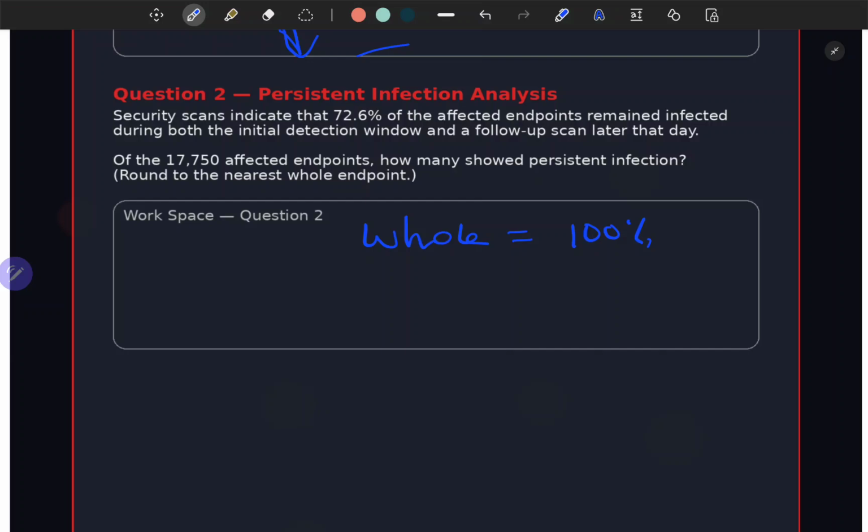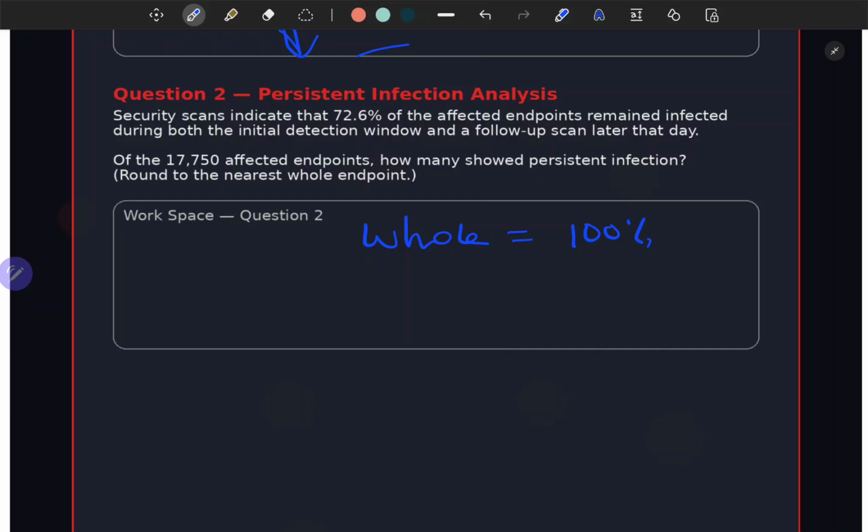Like if I had $1, 100% of that dollar would be all of it. If I start breaking it down into quarters and nickels and dimes and pennies, those would be percentages, portions of that dollar, right? So if we can understand that concept, then we'll start dealing with these questions a lot easier.